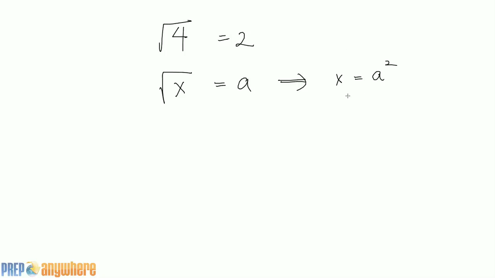Right away, what that means is that x has to be positive, because anything squared on the right side, can it be negative? Is it possible for this to be a negative value? No. This always has to be positive. So that's why we can never put a negative value in the square root.